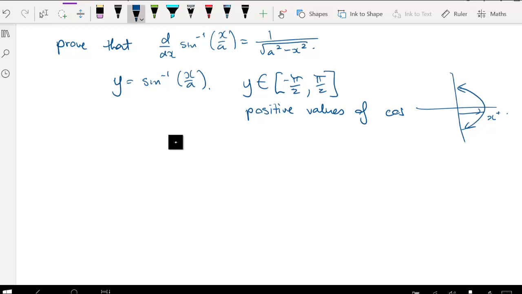Okay, so if y is equal to arc sine x on a, then sine y is equal to x on a, and therefore x is equal to a sine y.